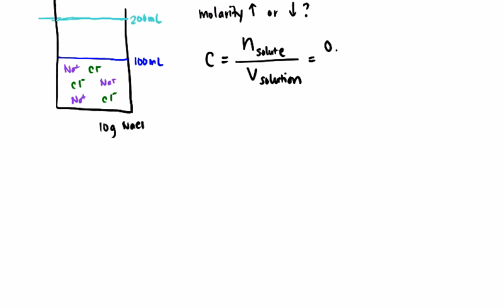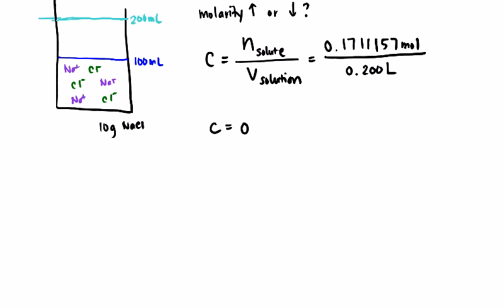We've calculated above that in 10 grams of sodium chloride, this is 0.1711157 moles of solute. But now, instead of having 0.1 liters, I have 0.2 liters because I've added more solvent.